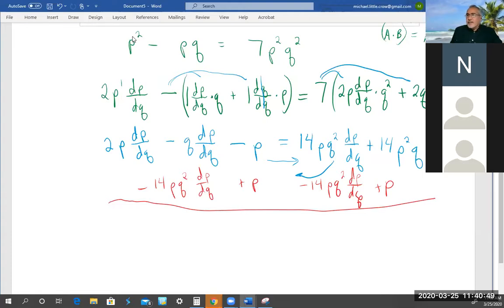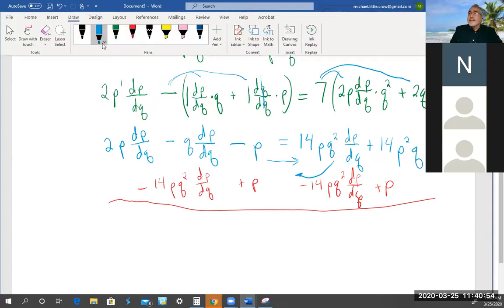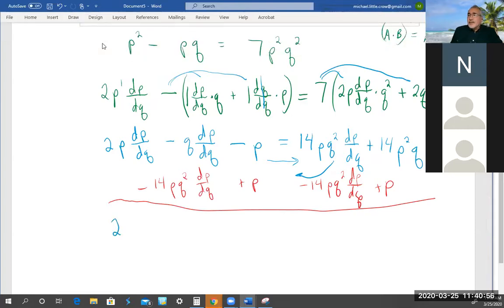So, and again, let's just rewrite this. So 2p dp dq, and I'm just rewriting this, minus q dp dq, minus 14pq squared dp dq.